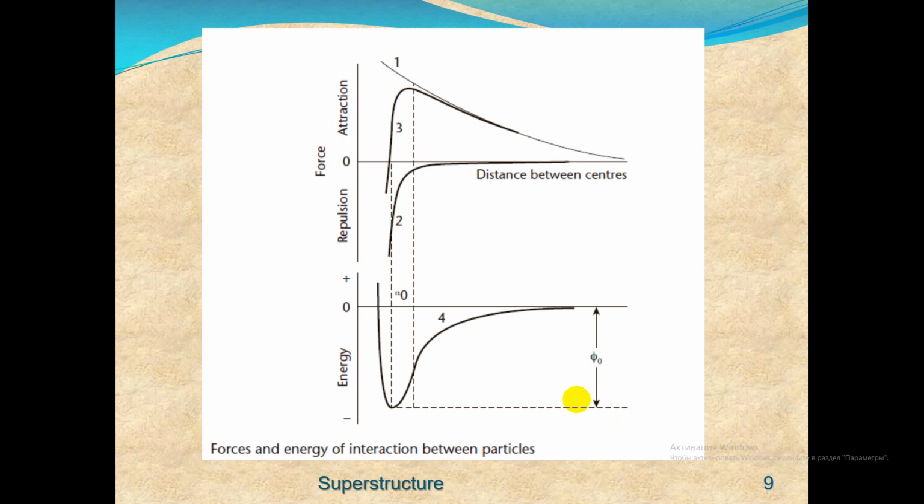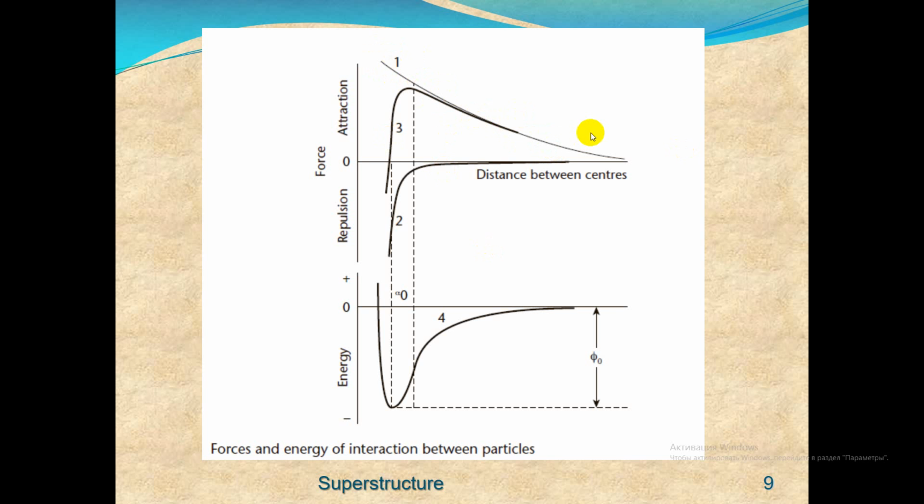In any group of atoms or molecules, be they gas, liquid, or solid, there will be a short-range force of attraction operating. That can be represented by curve 1 in this figure.